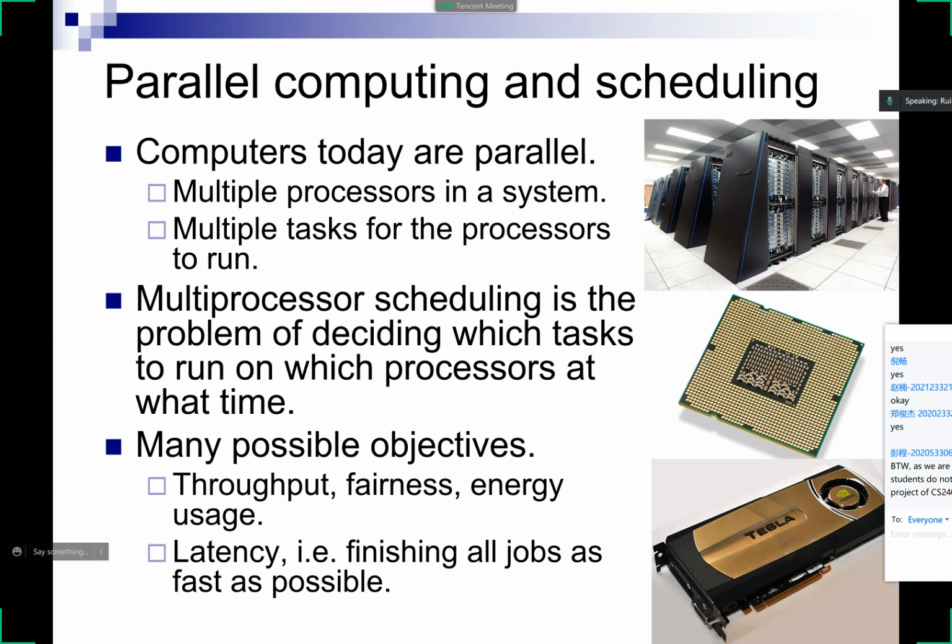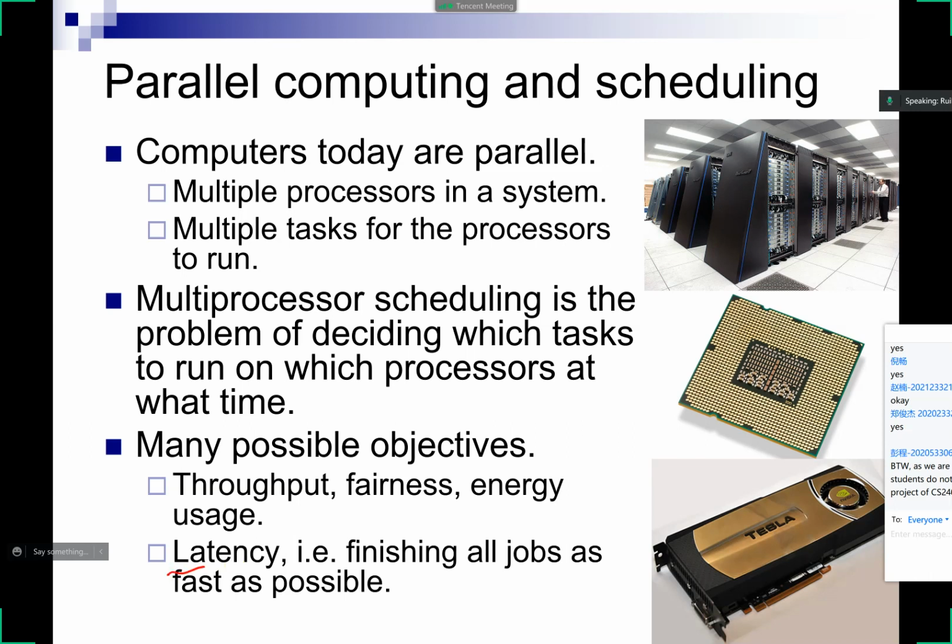You might want to make sure no processor does too much work. These objectives might conflict with each other; the highest throughput schedule might not be a very fair schedule. Other objectives include minimizing energy usage.